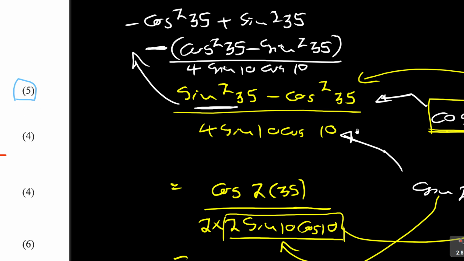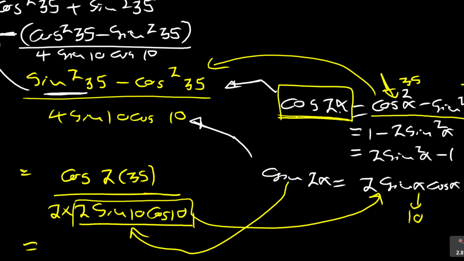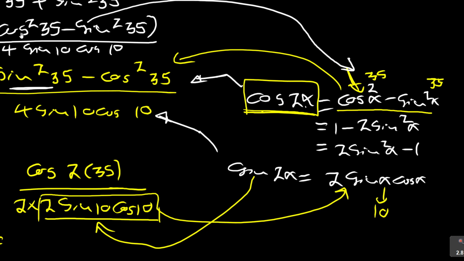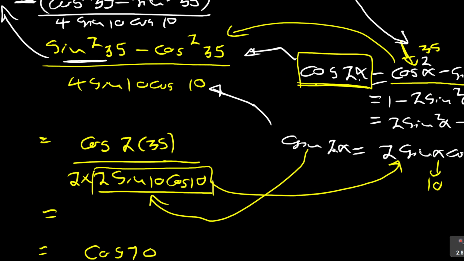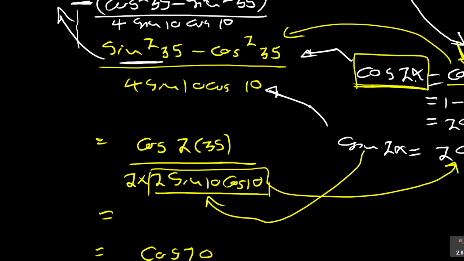From here, you can then justifiably see that this can move on to become here. This now can match to become that, because it's cos squared alpha minus sine squared alpha. Cos squared 35 minus sine squared 35. Then the negative was going to flow all the way. So I want you to correct it.